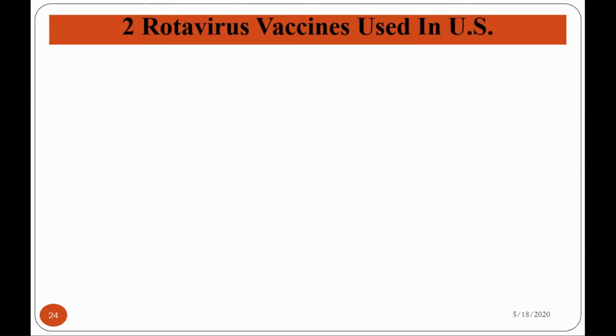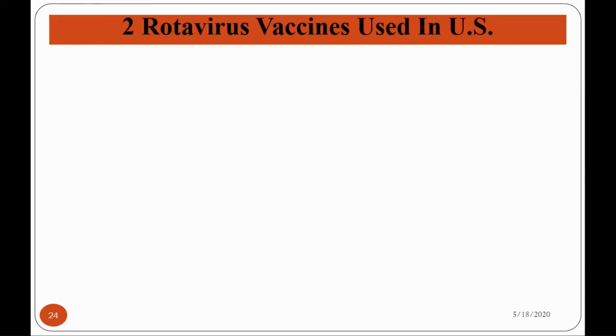The first generation rotaviral vaccines were developed in the year 1999. These vaccines are not effective because they were responsible for causing intussusception, and they were allergic in nature.